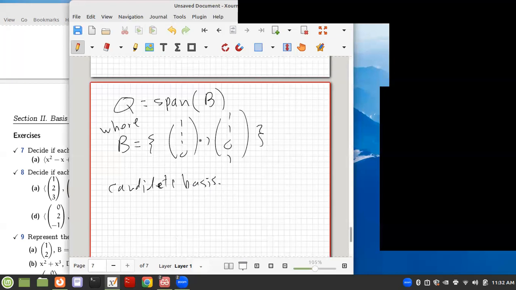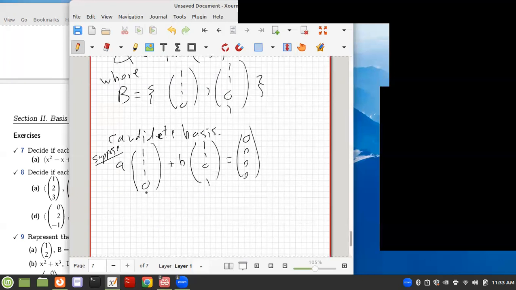Now, it turns out these vectors are linearly independent, as we can see from the linear independence test. I suppose that A times 1, 1, 1, 0 plus B times 1, 1, 0, 1 equals 0, 0, 0, 0. And I want to show A equals B equals 0, because if I can show that, then they're linearly independent.